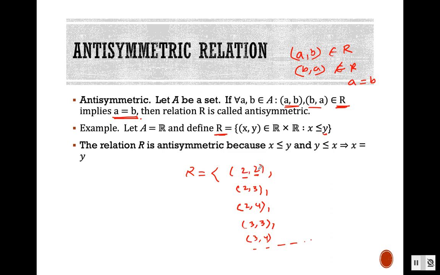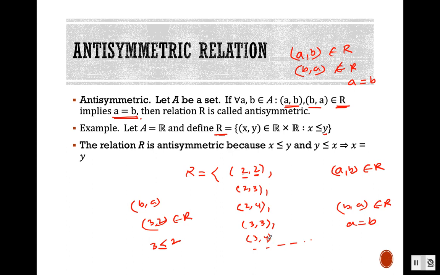Now if (a, b) belongs to R, let's find out (b, a). For (2, 2), a and b are the same, so this belongs to R. If (b, a) also belongs to R, that will only prove that a equals b. For example, we have (2, 3), but (3, 2) is not going to belong to R because 3 is not less than or equal to 2.